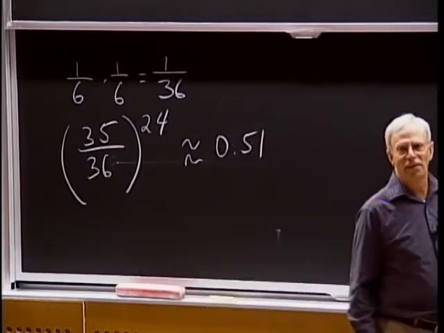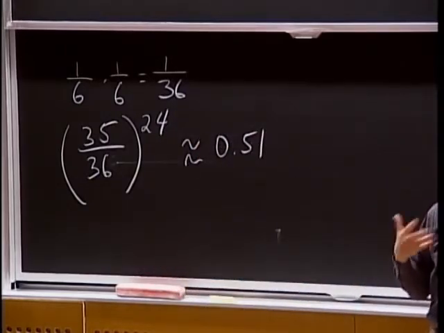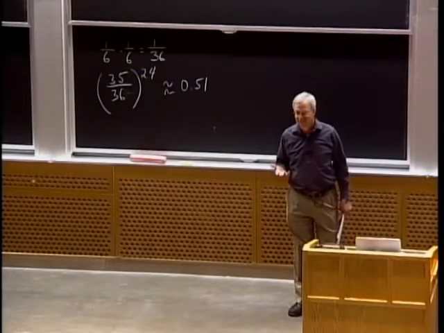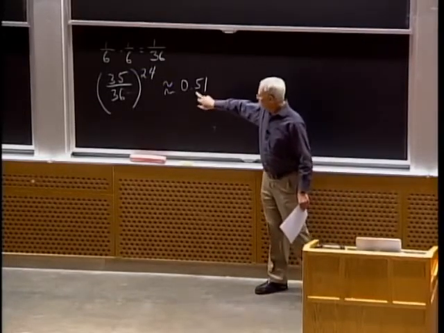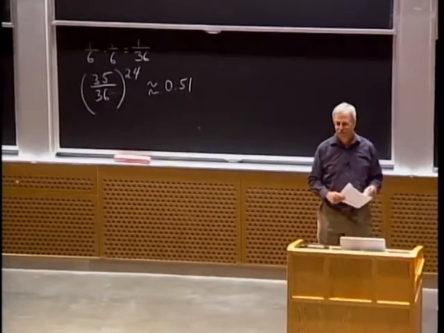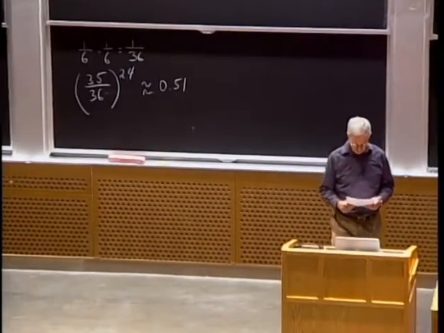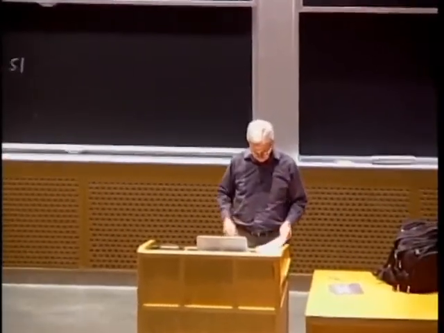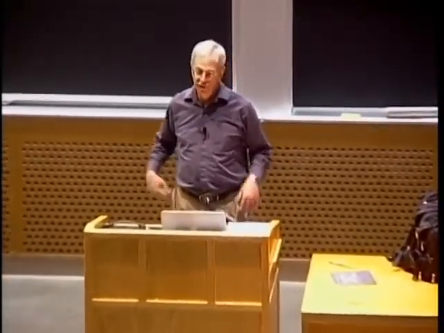So you can see why the answer was not obvious just by experience. But there is a slight edge in betting that you will not get a double 6 in 24 times. Again, assuming you have fair dice.